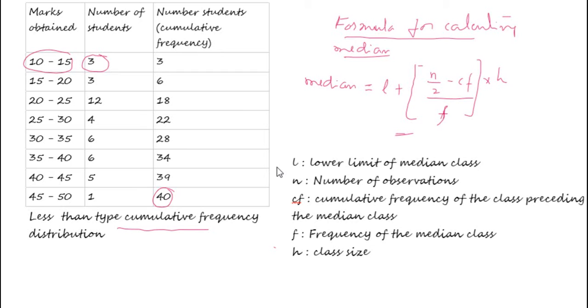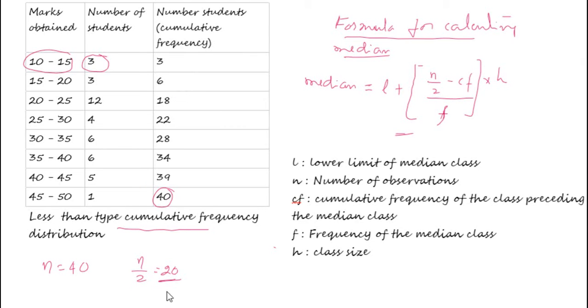Now let us calculate the median for this set of data. So we have n equal to 40. N by 2 is required here, so n by 2 equals 20. Now how do we find the median class?